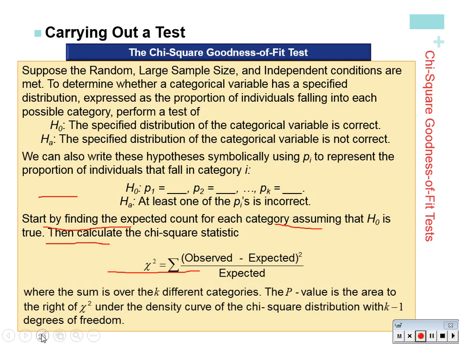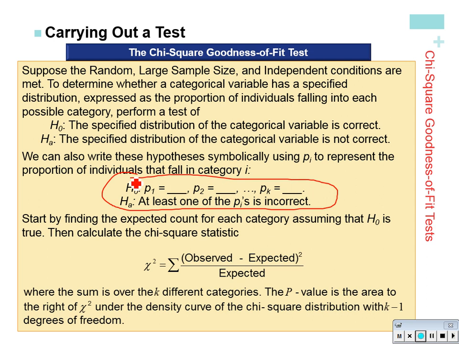As far as the setup of this in a significance test, we have a null and alternative hypothesis. The null hypothesis is that the proportions that are given are all going to be equal to each other. The alternative is that at least one of the proportions would be incorrect.